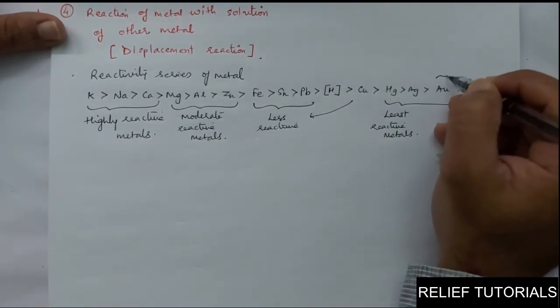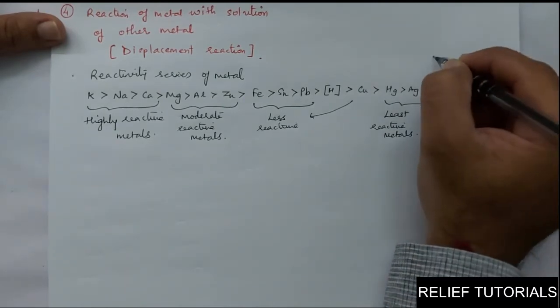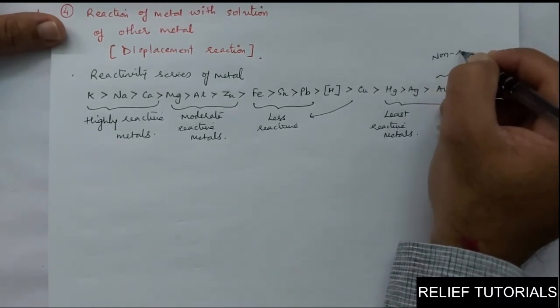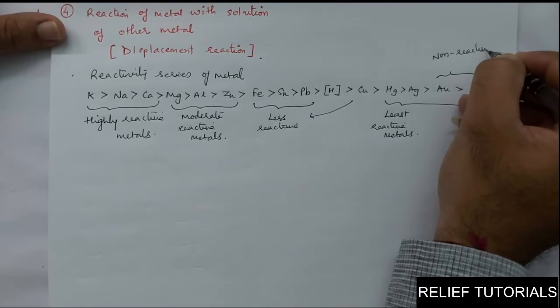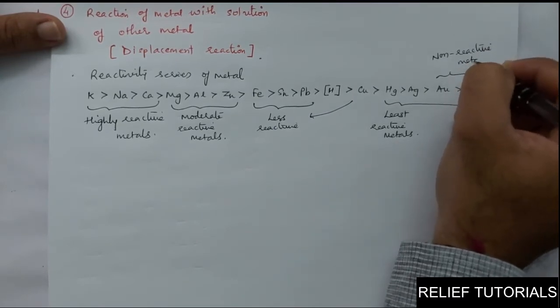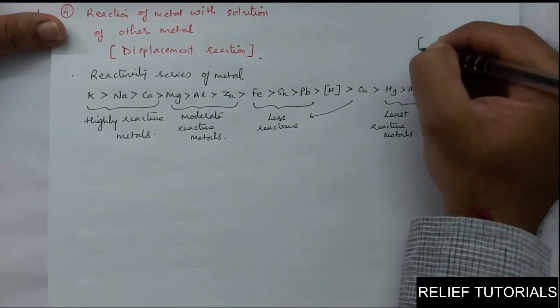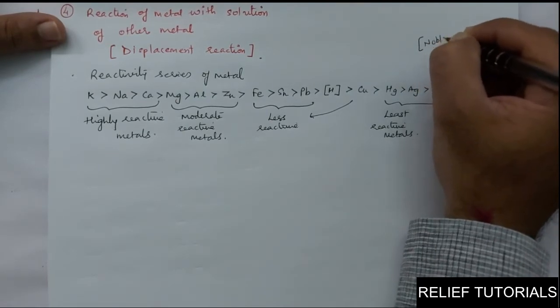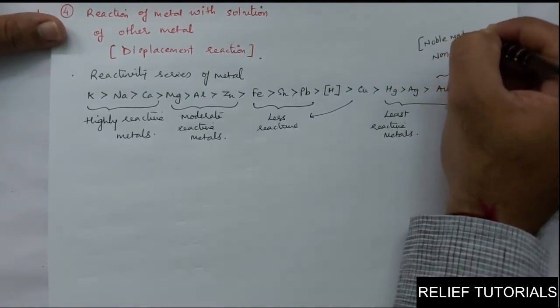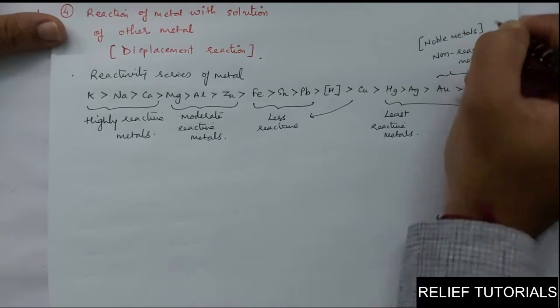In that, gold and platinum are specially called as non-reactive metals. They are also called as noble metals.